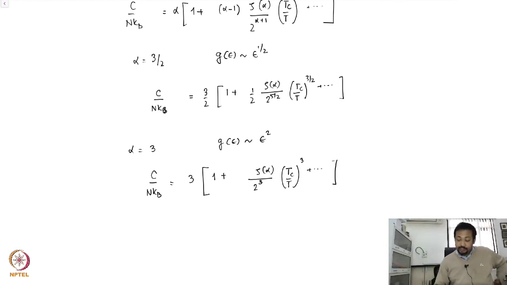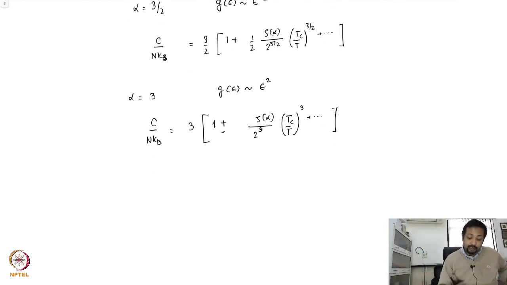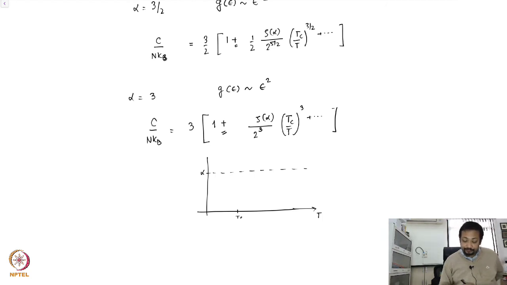Now, the interesting thing that you should know is that there is a plus sign here, which means in the high temperature limit, this is your critical temperature and you are far away somewhere over here, and this is the classical result alpha. You see, the specific heat approaches the classical result alpha NkB from above this line in both the cases.